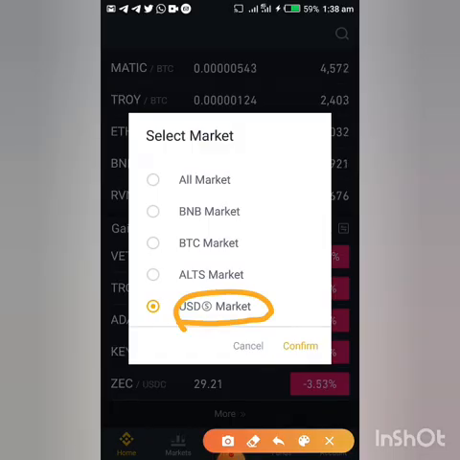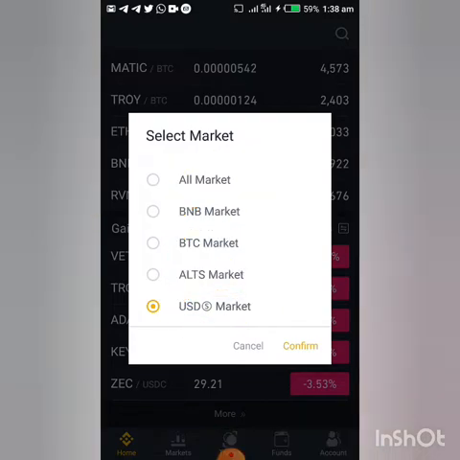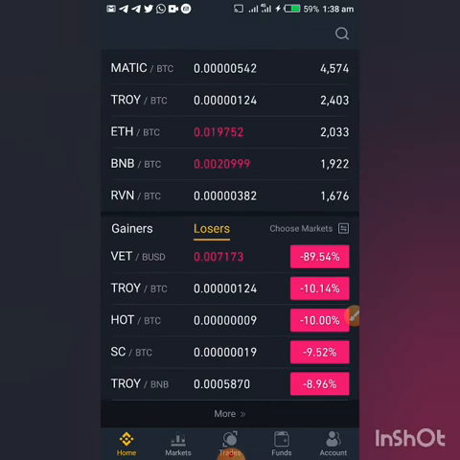Now we have the alt market, the BTC, and the BNB market. Then maybe you want to check the overall price in all the markets, you can select all markets. Let me just try it now. Click on all markets, confirm it, and you will see.